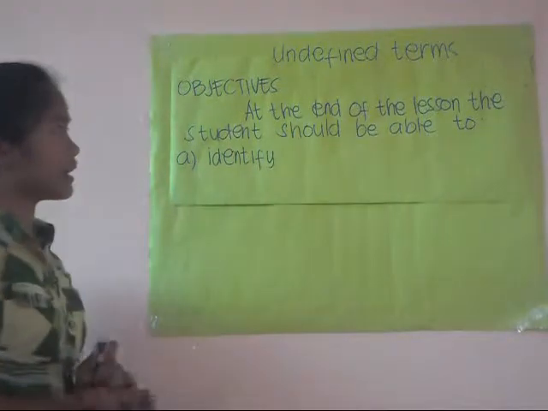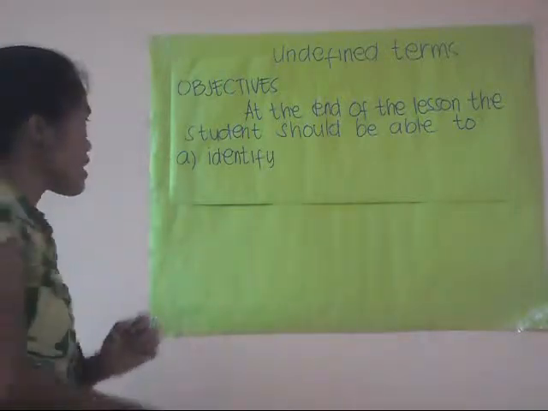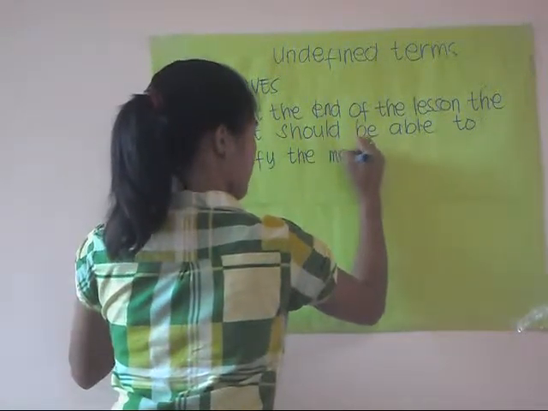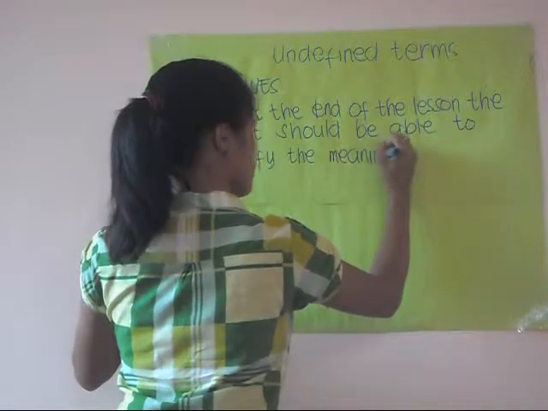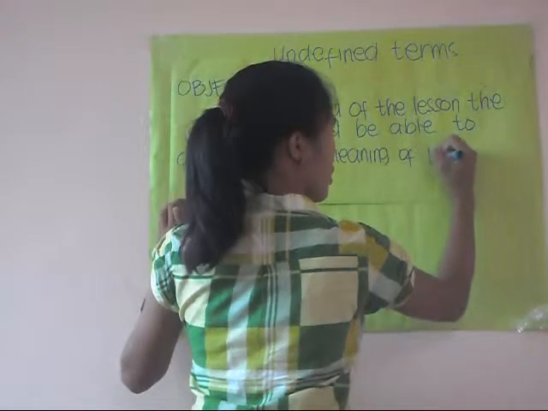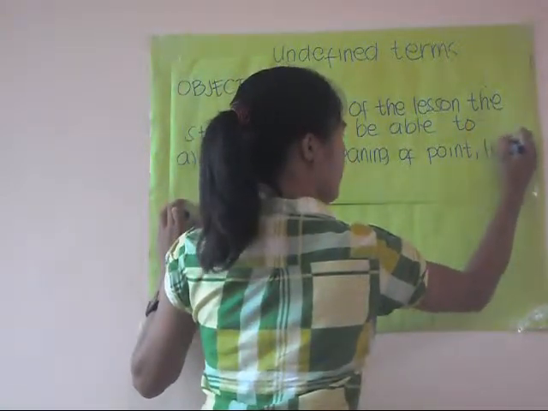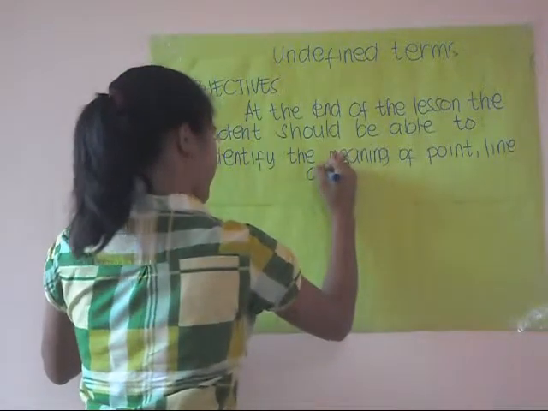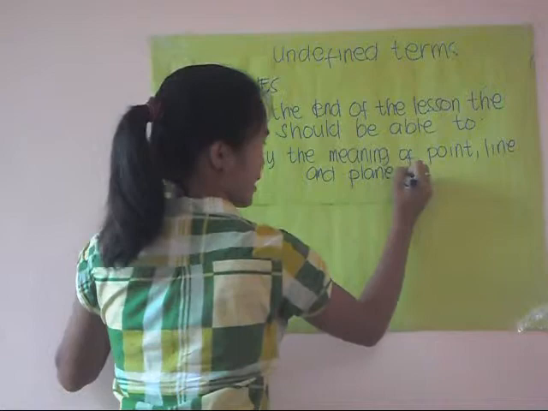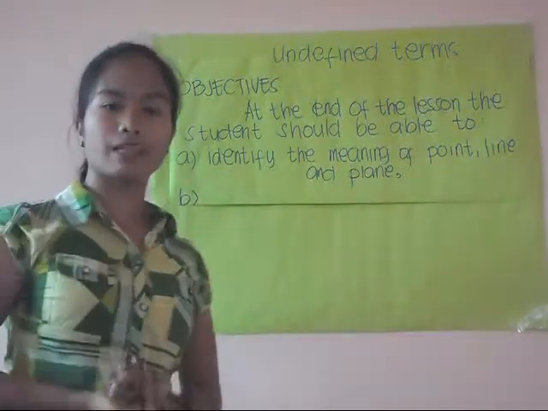Then we add the topic of undefined terms, which means identify the meaning of point, line, and plane. Then comma. So next is the affective domain.